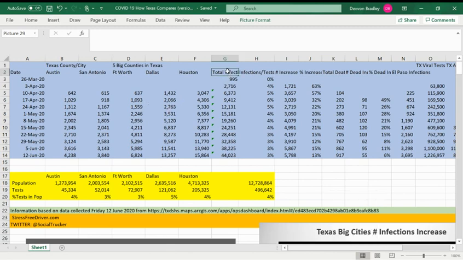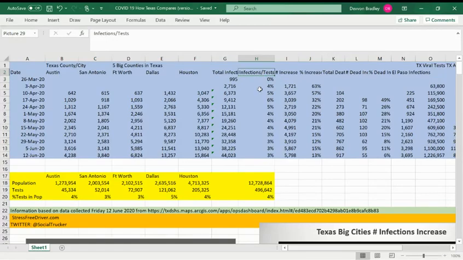I just tracked the total infections. In fact, let's just start here. Up here, you'll see what each column says. So there's each county and each city, there's the total infections, and infections divided by how many tests. And if we look right here, H19, okay, this cell's wrong.